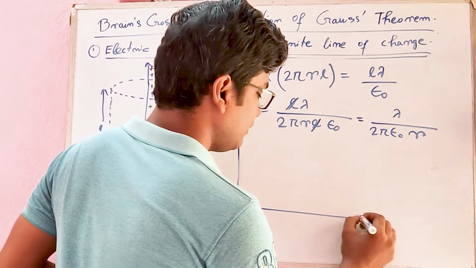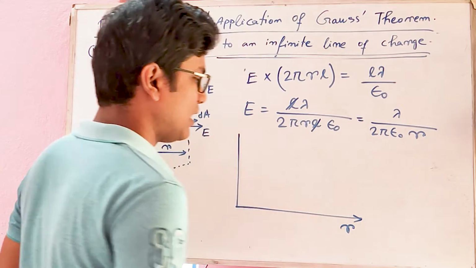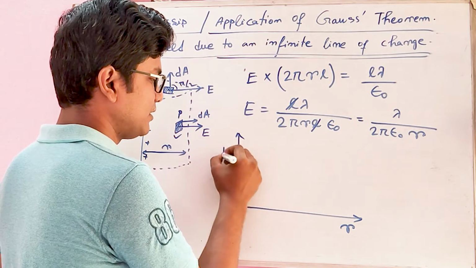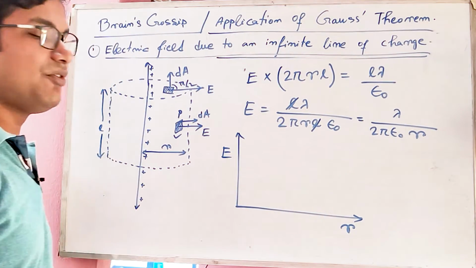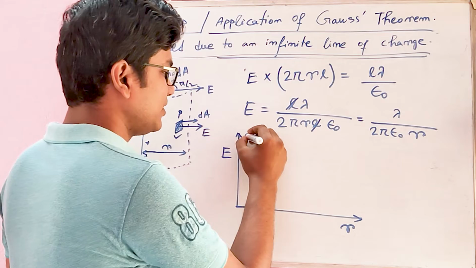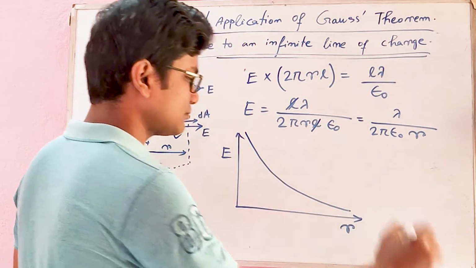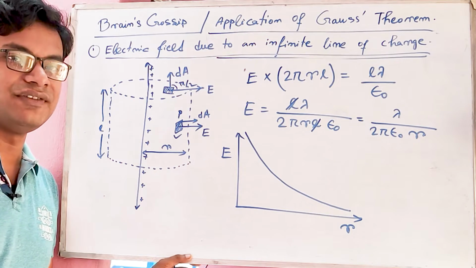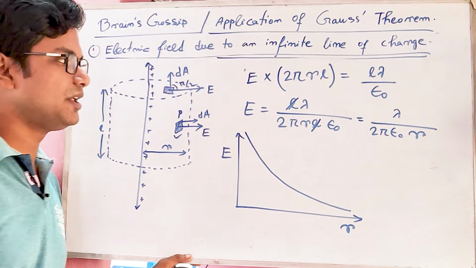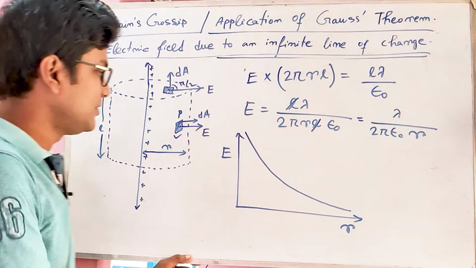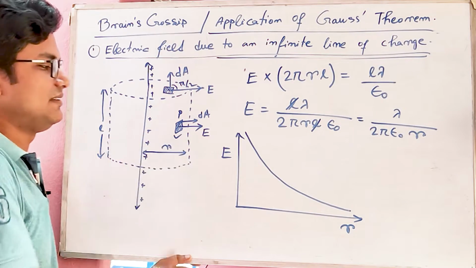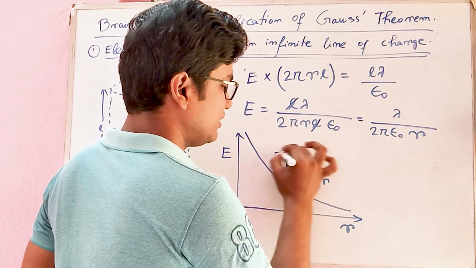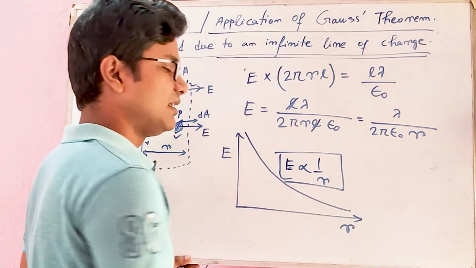If this axis represents r, that is the distance from the axis, and this axis represents the electric field, then the nature of the curve will be like this. The farther we go, the electric field will be decreasing because of the increase in the radius r from the axis. So here we get E proportional to 1 by r. That is the proportionality of E versus r.